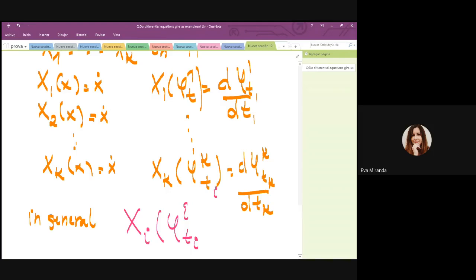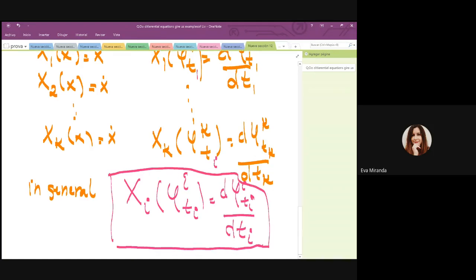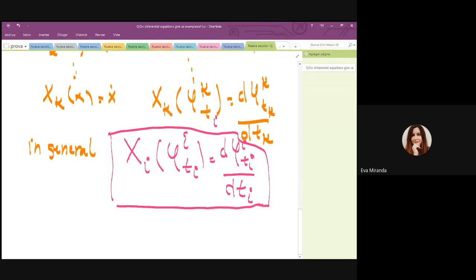Okay, let me put here equals d phi i ti, differential of ti. Okay, that's the condition I'm considering. It would be interesting to see if we can solve this system of differential equations for these different parameters.